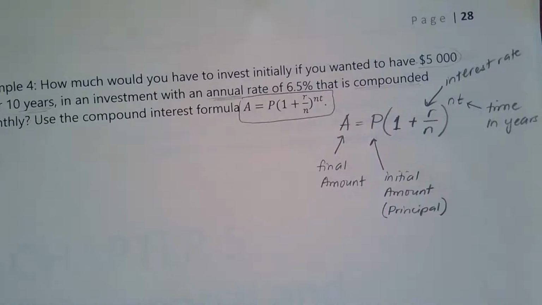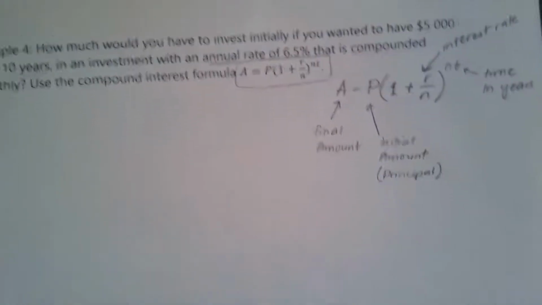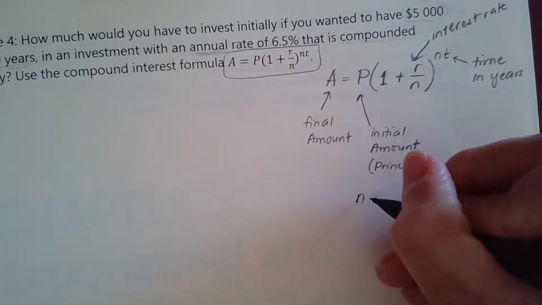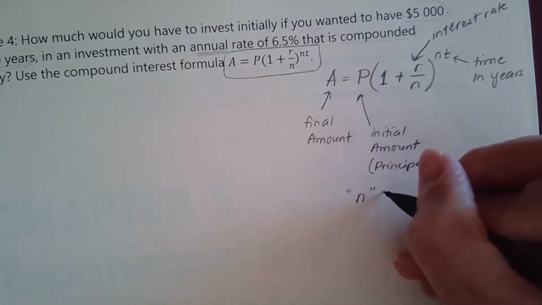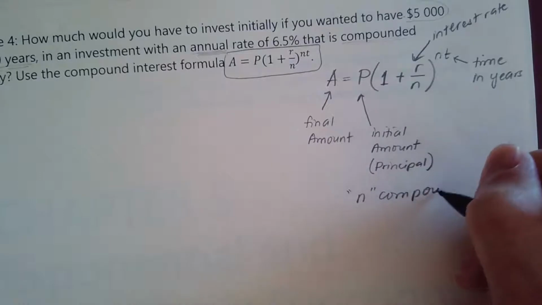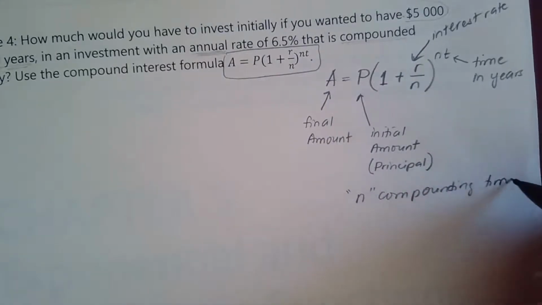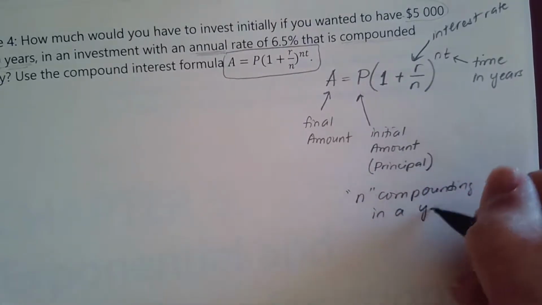So we have something in years, and annually means yearly, and then it says here compounded monthly. So how do we go about this one in here? N, I'm just going to write down, N is the compounding times in a year.